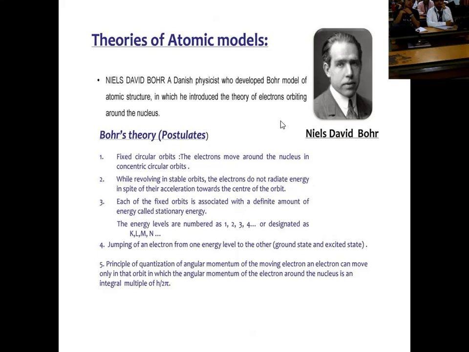The proton number and atomic number are always the same. So the total charge of the nucleus will be Ze, and the charge of the electron is e. So what will be the Coulombic force of attraction? Ze square by r square, where r is the distance. So Ze into e by r square, so Ze square by r square.